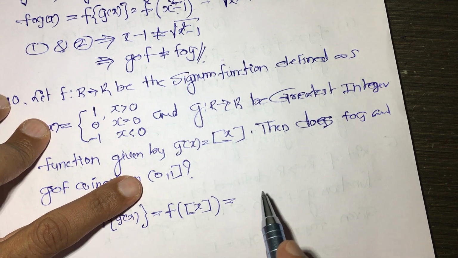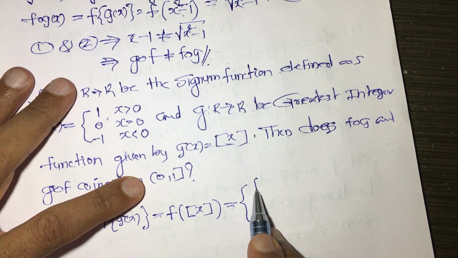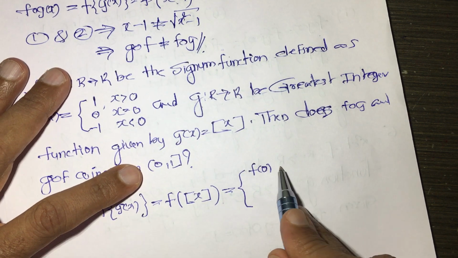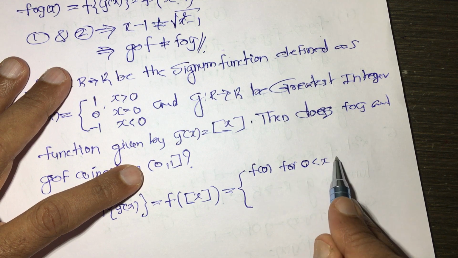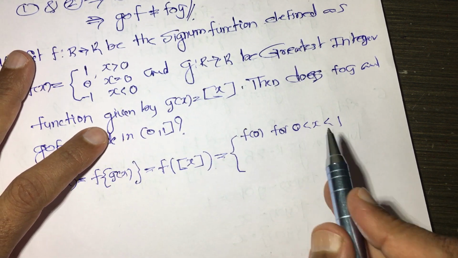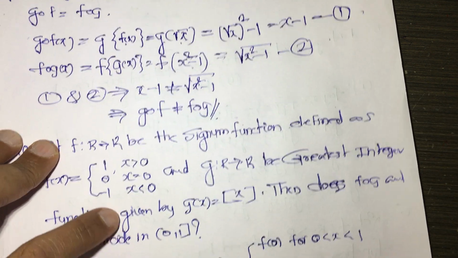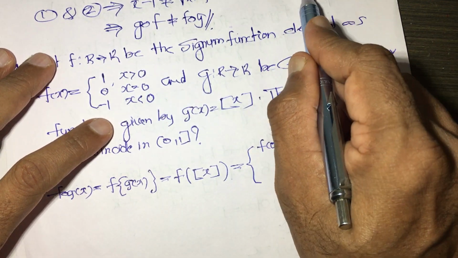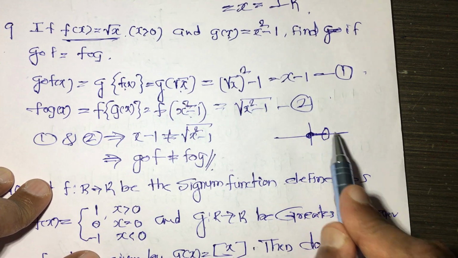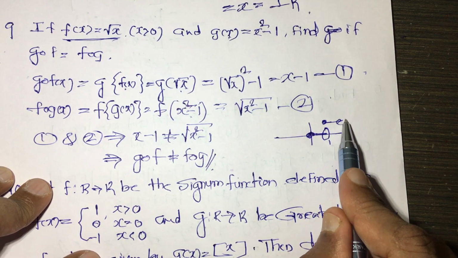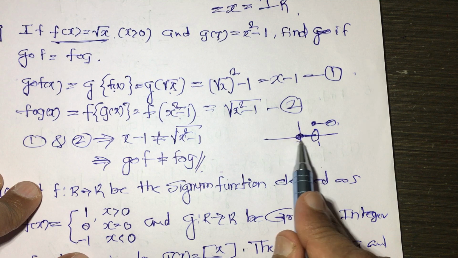So, I write its two values we have. First it is f of 0 for 0 less than x less than 1. For all values between 0 and 1, if you take any value between 0 and 1, you know the greatest integer function: here it is 0 and here it is 1, so any value between 0 and 1 is always 0.